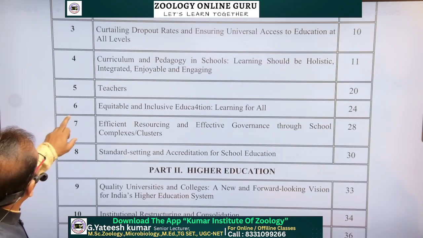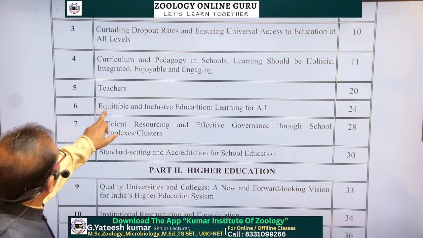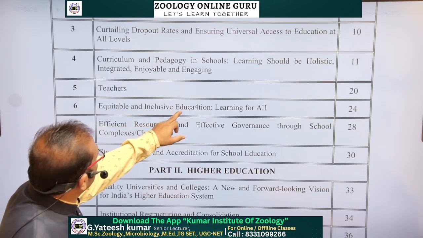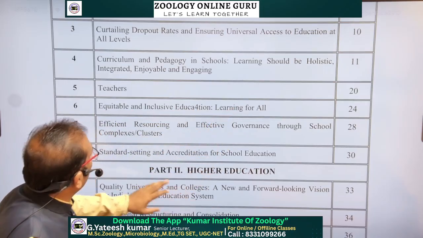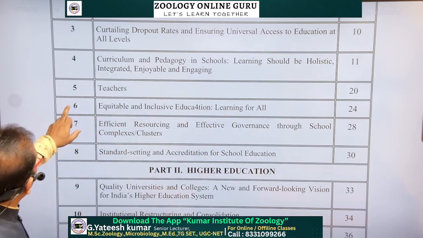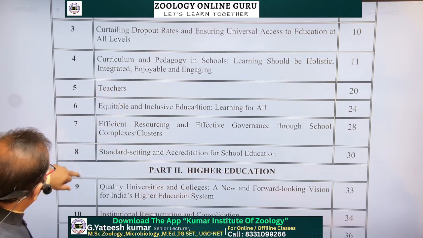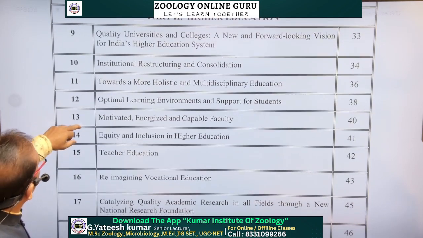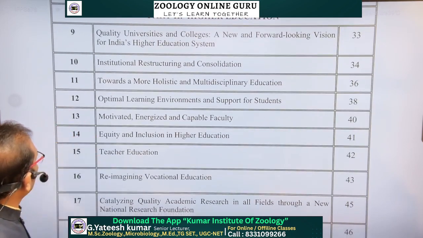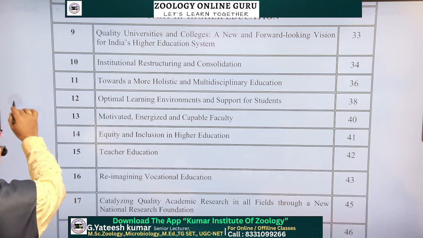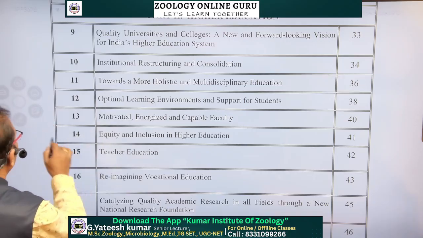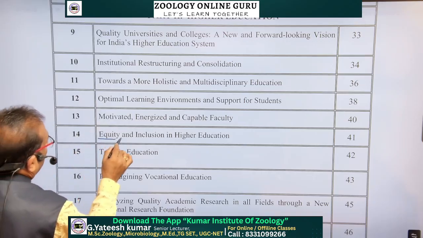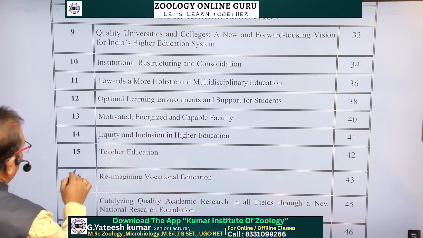In school education, chapter 6 is equitable and inclusive education, learning for all, present in chapter 6 of part 1. And coming to higher education, in part 2, the 14th chapter also deals with equity and inclusive higher education.